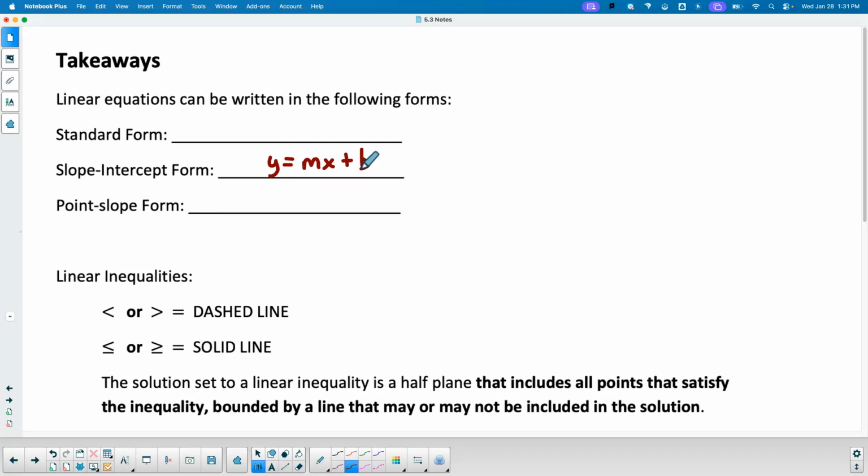Draw your line. Okay? Point slope form, we taught it to you as y equals y sub 1 plus m times x minus x sub 1, where you have the point x sub 1 comma y sub 1.